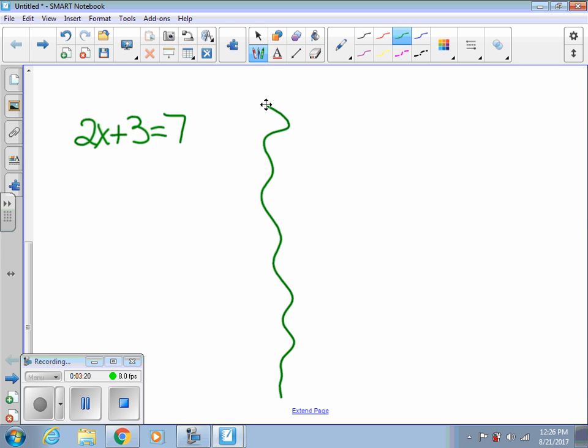You're going to want to do the opposite operation. It's being added. So what's the opposite operation of addition? Subtraction. So I've got to do to both sides subtract 3. When I do that, I end up with 2x, 3 minus 3 is 0, equals 4.